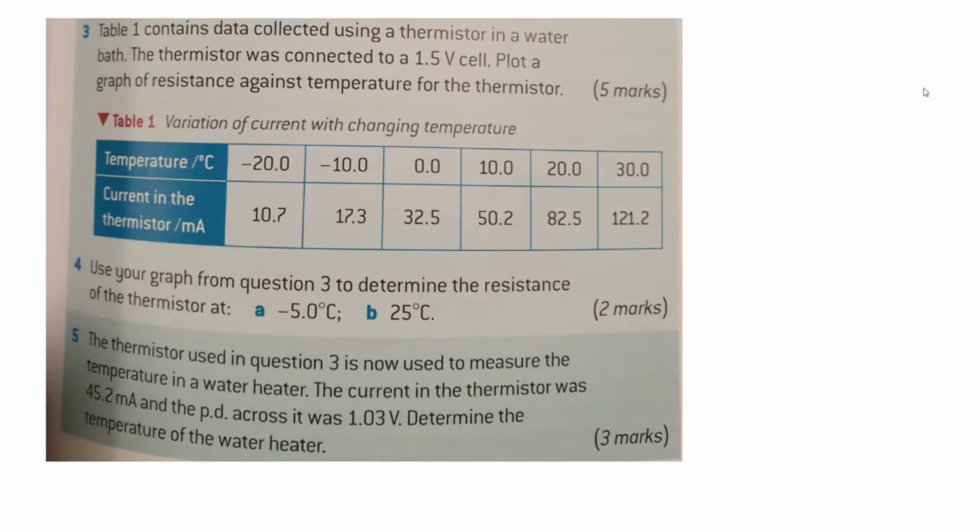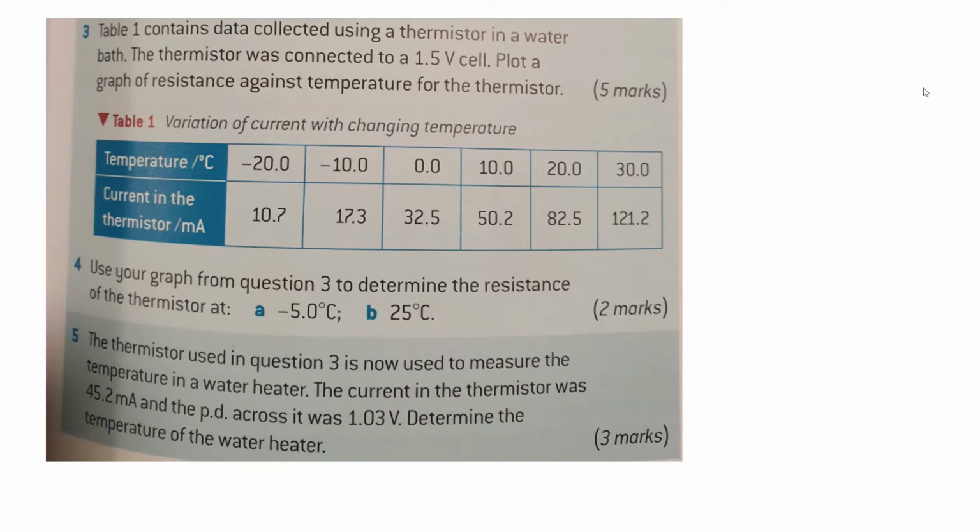So for question 3, table 1 contains data collected using a thermistor in a water bath. The thermistor was connected to a 1.5 volt cell. Plot a graph of resistance against temperature for the thermistor. This is 5 marks. Variation of current with changing temperature. So you've got temperature at the top row and then current in the thermistor in milliamps at the bottom row.